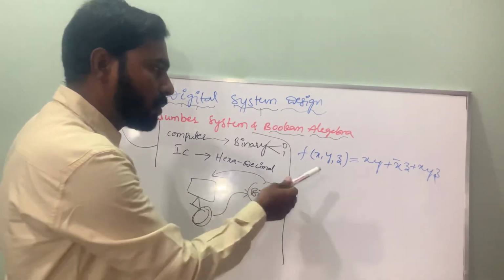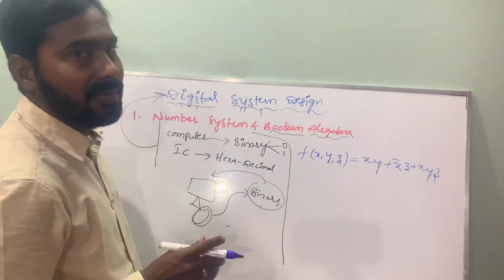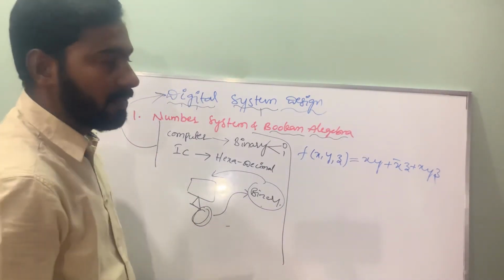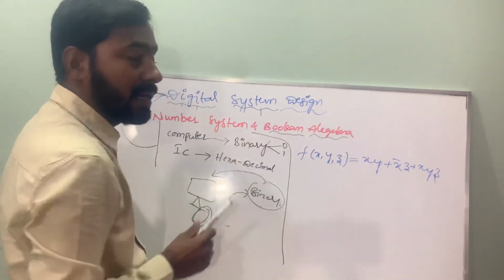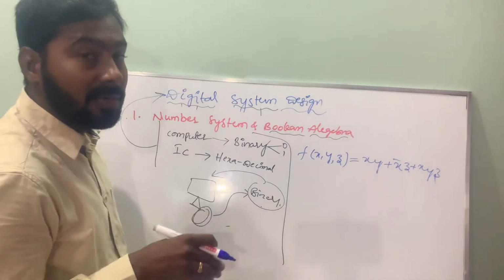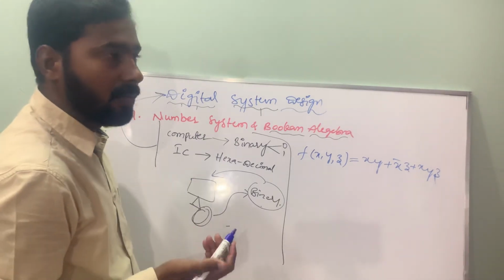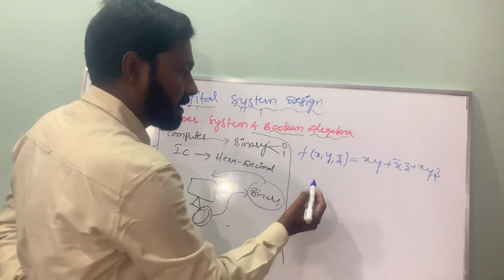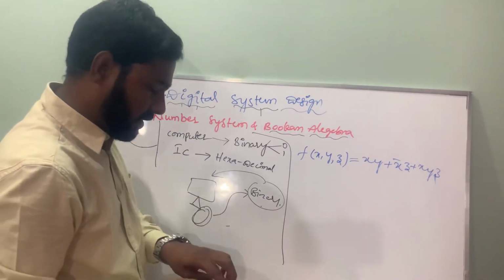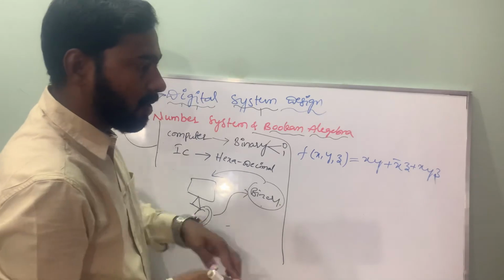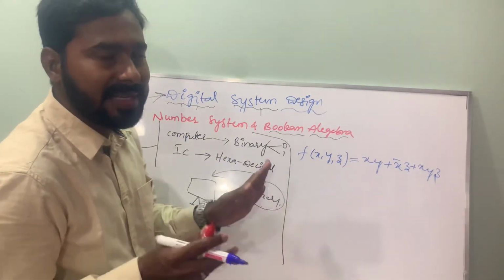Now we have to reduce that function without disturbing the output. We reduce it using Boolean laws and Boolean properties. What are the Boolean laws and properties? We will discuss that. Based on them, we can reduce the circuit.